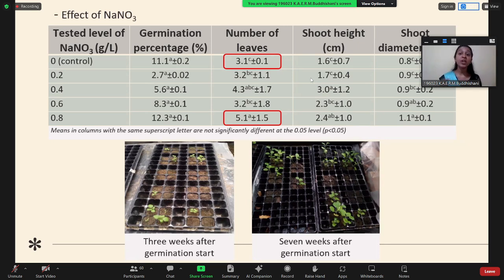For shoot height, the highest mean was recorded at 0.4 grams per liter and the lowest in the control. For shoot diameter, the highest mean was recorded at 0.8 grams per liter and the lowest in the control.